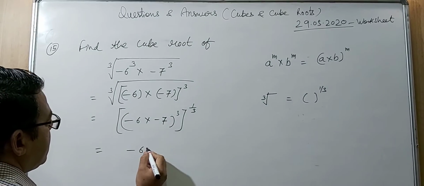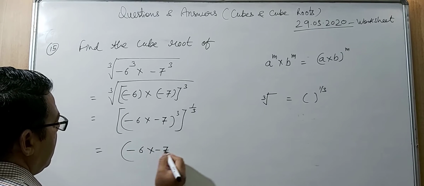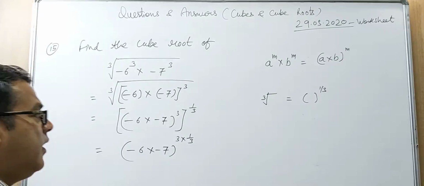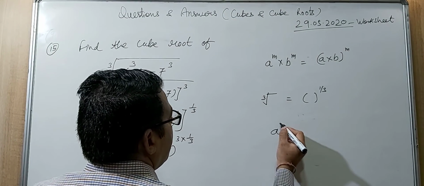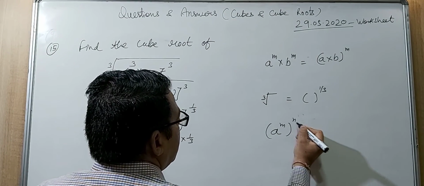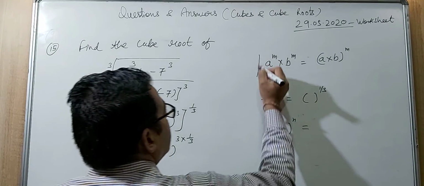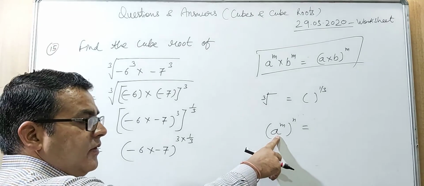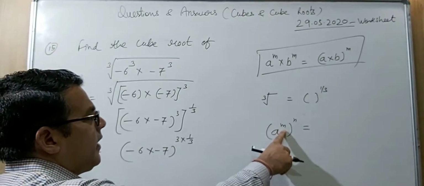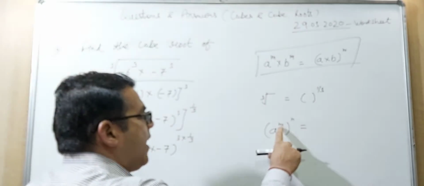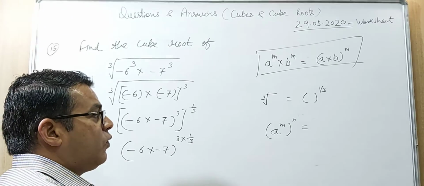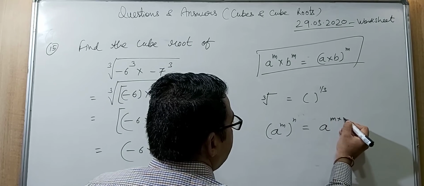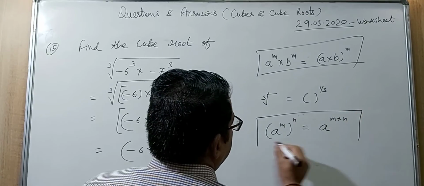Now minus 6 into minus 7, and another property of exponent we can use here. If one base has more than one power, this was the first property, and the second property is if one base, A is the base here, it is having two powers, that is m and n. So according to the rule of exponents, we can multiply their powers.